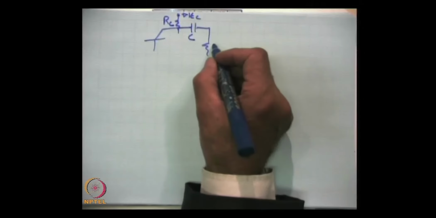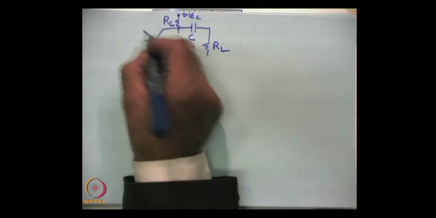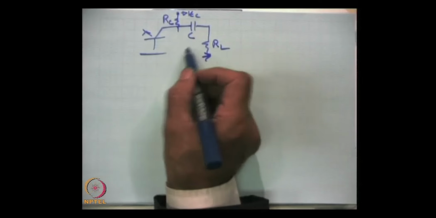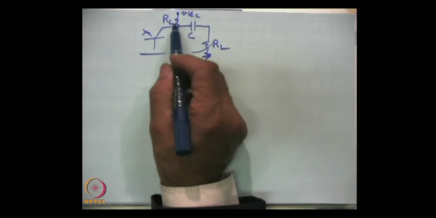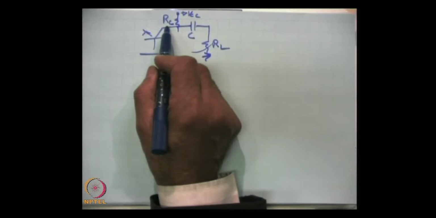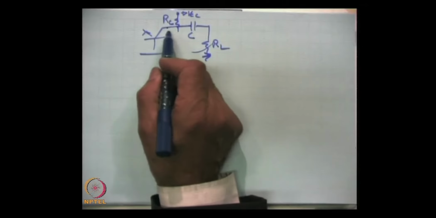This is plus VCC, this is the coupling capacitor, this is RC, and this will be RL, and this is the emitter circuit, but at the moment we are talking of the output side. So, what will be the effective value of impedance seen by the collector?